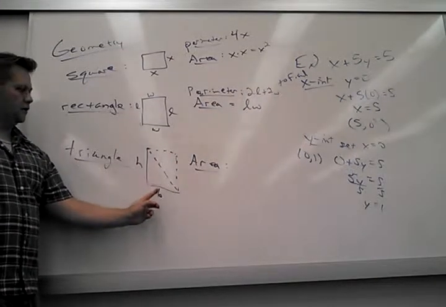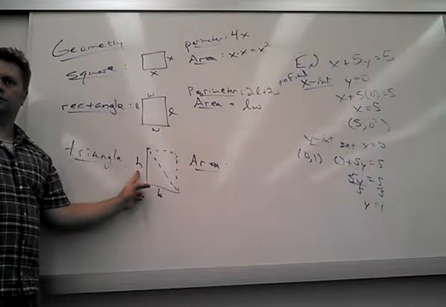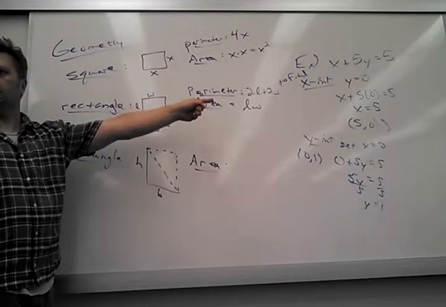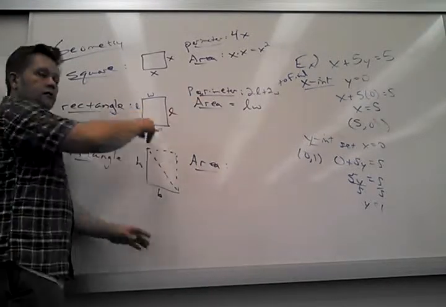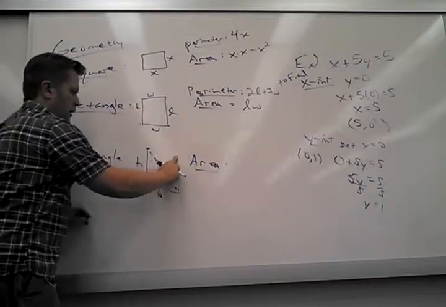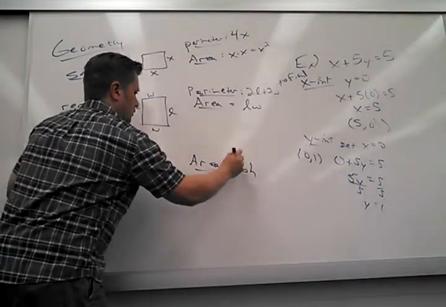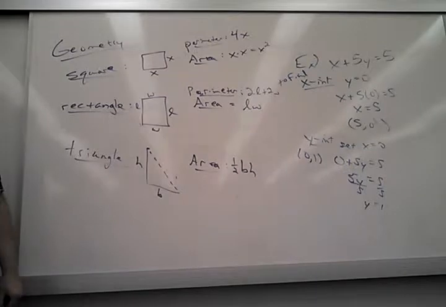It would just be base times height, just like it was width times length. The minute I cut it in half, it's going to have to be half of that. So some of you might know the triangle formula is 1/2 base times height. That's why. It's just half of an associated rectangle.